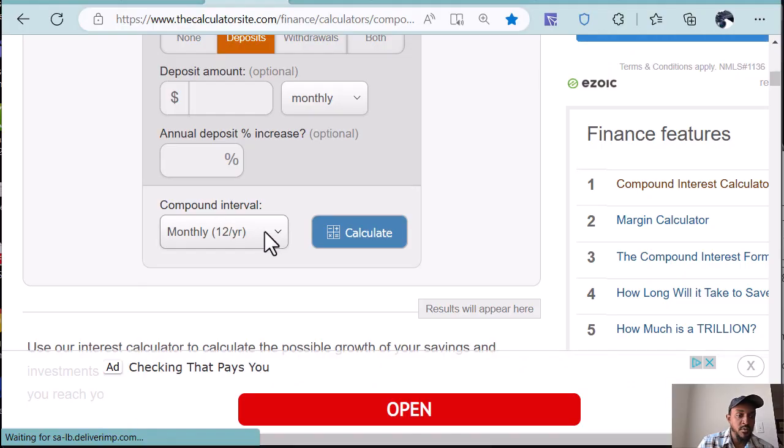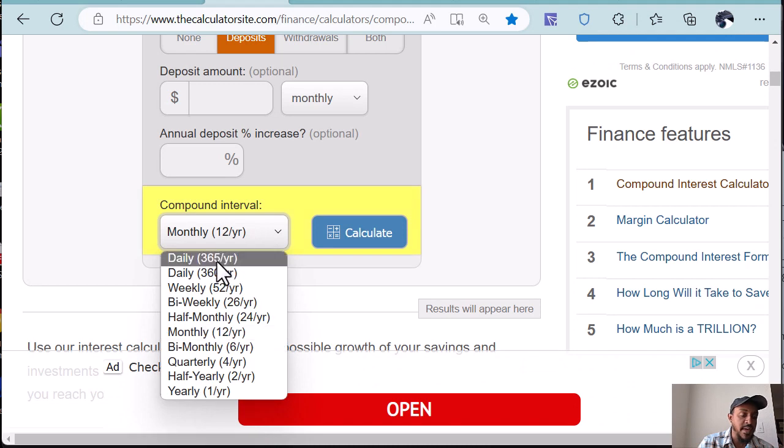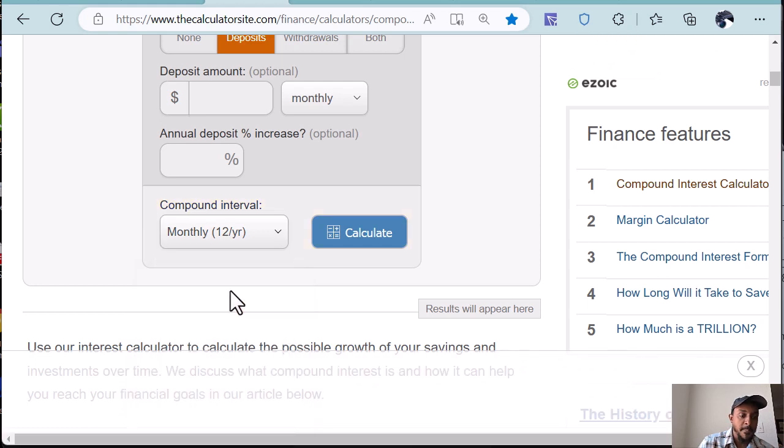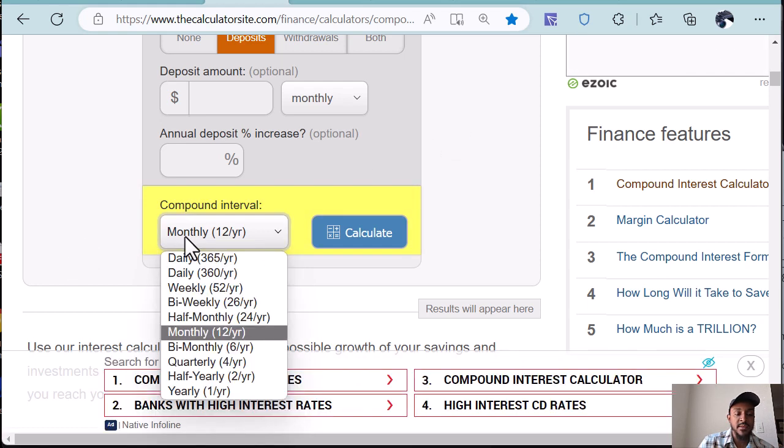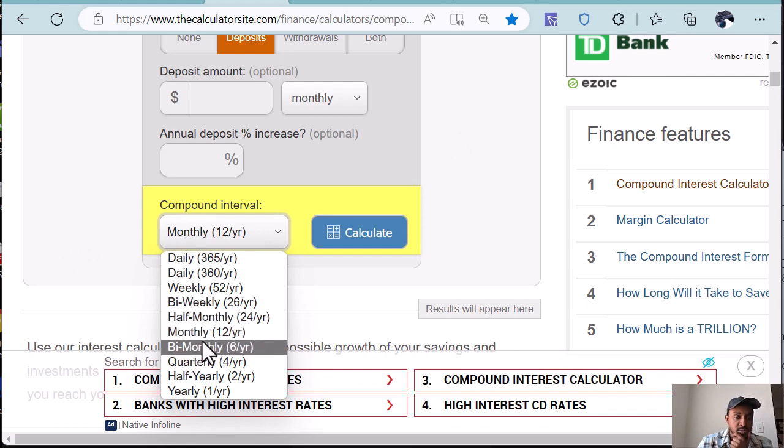Your compound interval would be daily as well at that investment amount. If it's less than $3,500, choose weekly. Okay, if it's less than $500, choose biweekly.